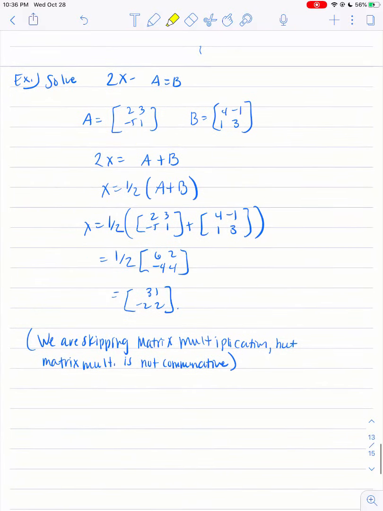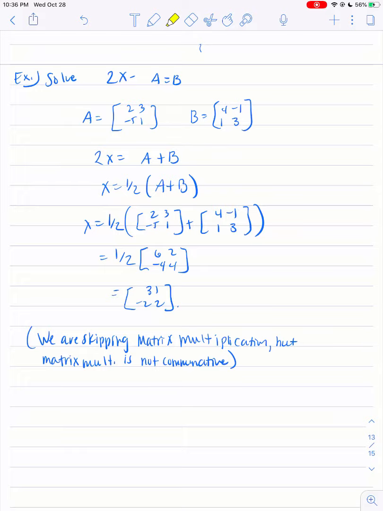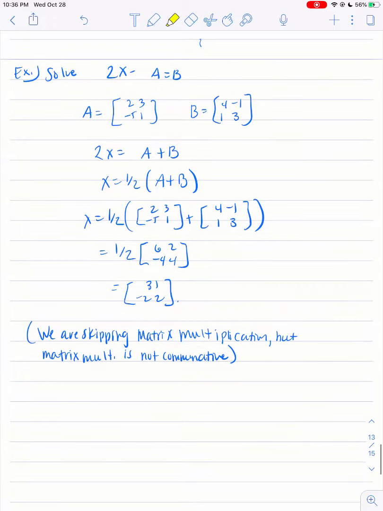For this example, I have 2X minus A equals B, and I want to solve that when A equals 2, 3, negative 5, 1, and B is 4, negative 1, 1, 3. So I have 2X equals A plus B, and I'm going to divide by 2, and I get X equals 1/2 times A plus B. Now I'll plug in my matrices.